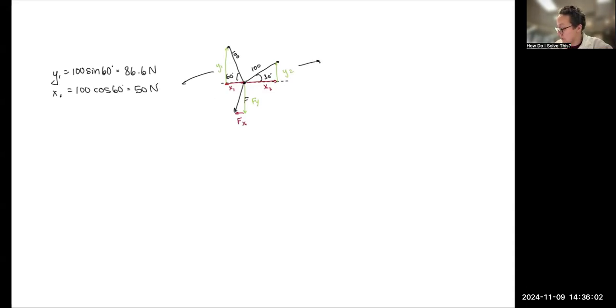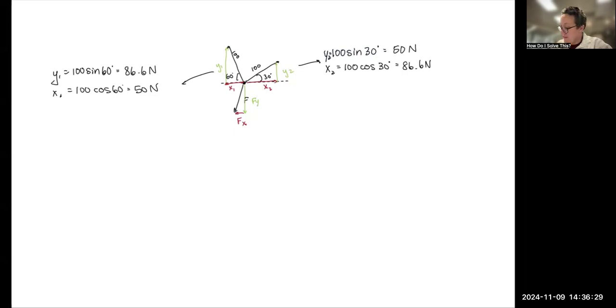Over on this triangle, y2 is 100 times the sine of 30 degrees, which is going to be 50 newtons. And x2 is 100 times the cosine of 30 degrees, which is 86.6 newtons.